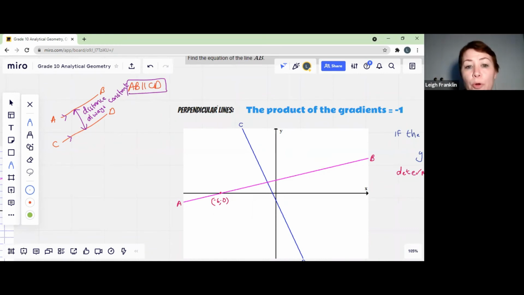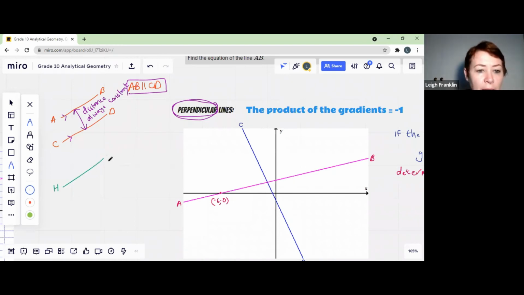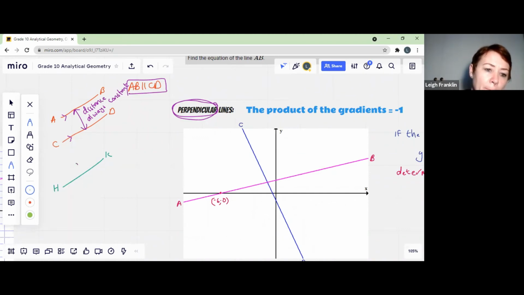When we talk about the word perpendicular, it's got a very different meaning. So let me draw some new lines. So this is line HK, and let's draw it in a different color. There is line AB. So now grade 10s, if I say AB is perpendicular to HK, I use a different symbol, right?